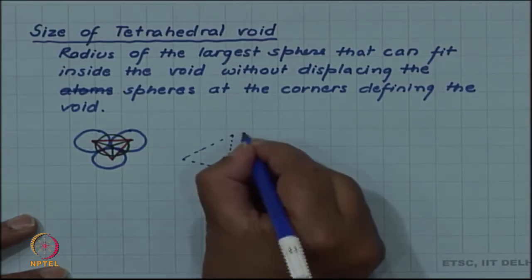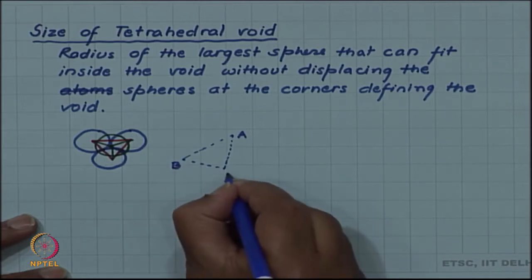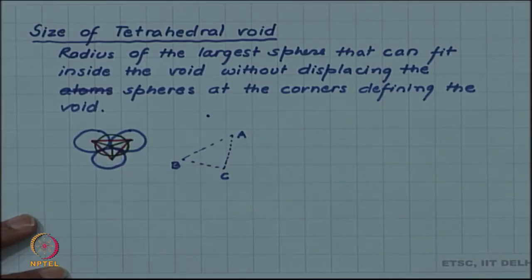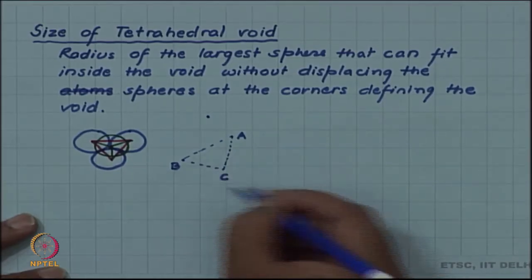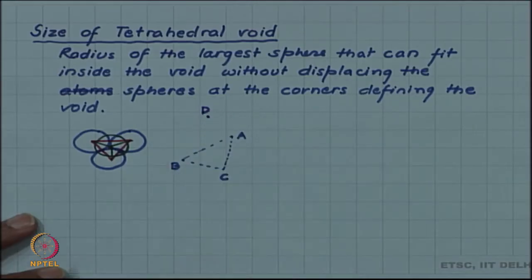Now I am representing that by let us say A, B and C, and I have a sphere on the top sitting on this A, B and C. I am showing only the centers of the spheres.